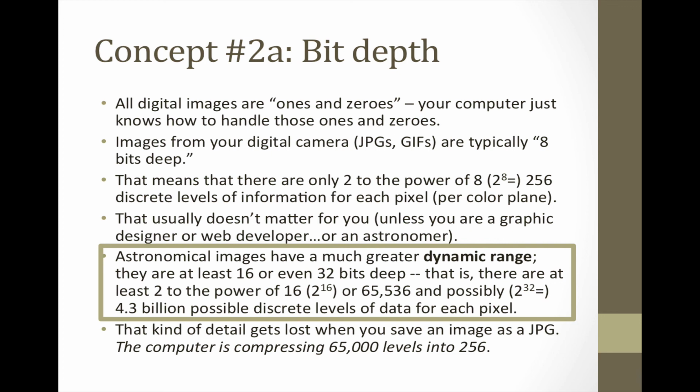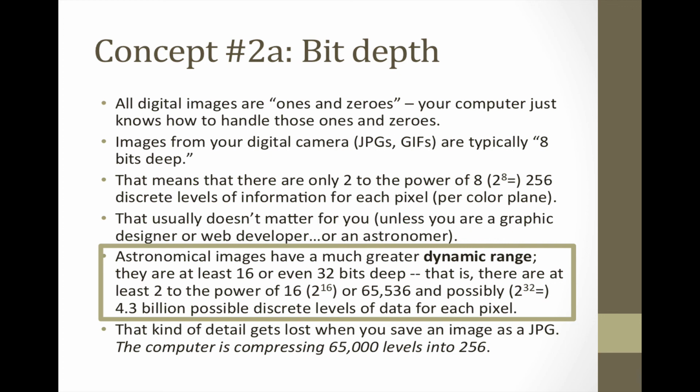It's just that your computer knows how to display those ones and zeros to you in an image form. Images that you save from your digital camera, whether that's your cell phone or a more professional single lens reflex digital camera, are usually stored in either JPEG or GIF format. Sometimes they're PNGs, but JPEGs and GIFs in particular are typically 8 bits deep.